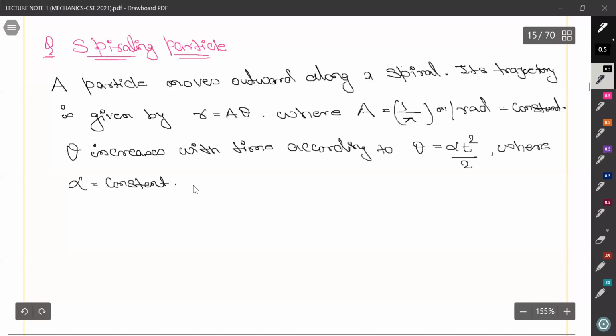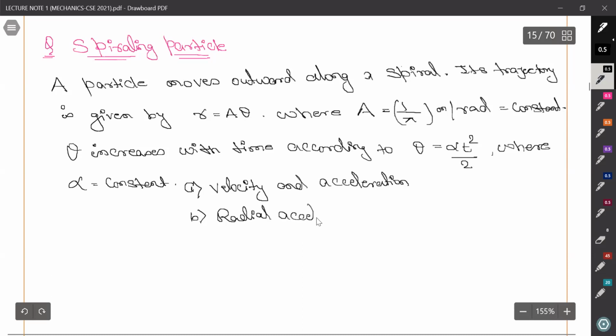So we have to first find its velocity and acceleration. Also, we need to prove that the radial acceleration is zero when theta equals 1 by root 2 radian.